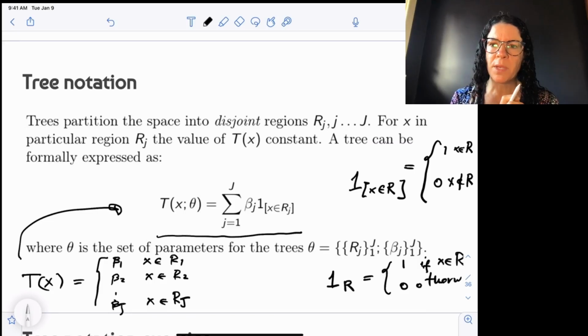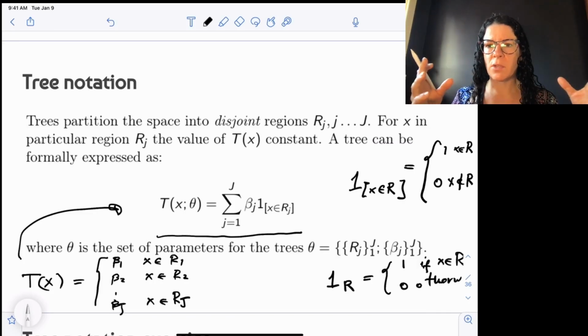In principle, we want all of these regions to fill the space, so the union of all of the regions R_1, R_2, up to R_J is going to be the whole space, which in this case is R^D.